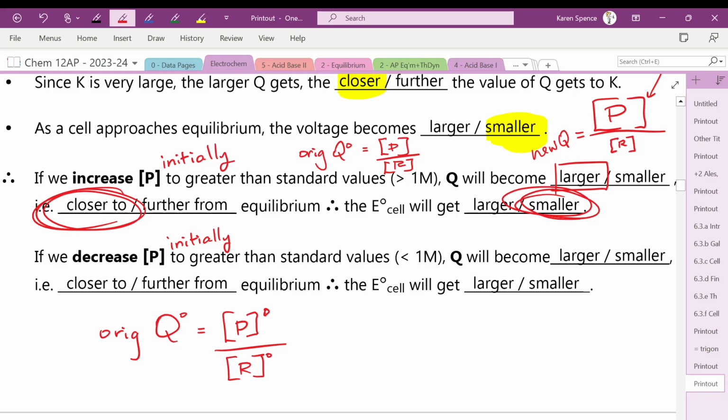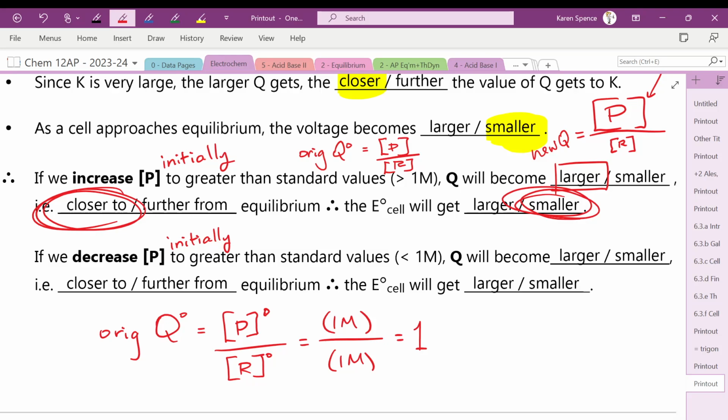Actually, Q naught is almost always, unless something else is weird, going to be equal to 1, because all our concentrations are 1 molar.